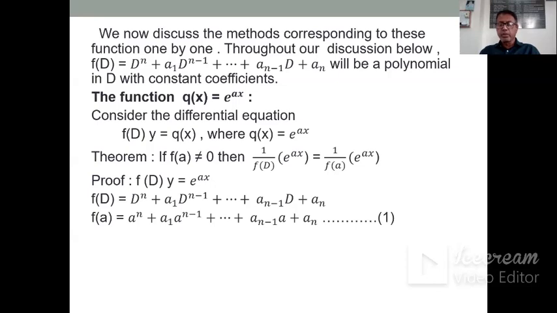F of a is equal to a to the power n plus a1 into a to the power n minus 1 plus a2 into a to the power n minus 2 plus ... plus a n minus 1 into a plus a n. We call this equation 1.